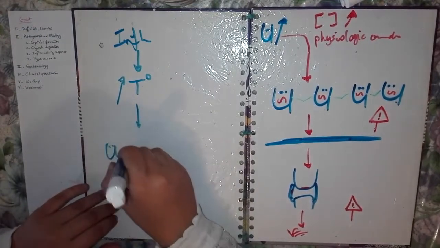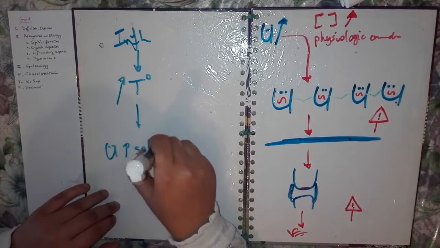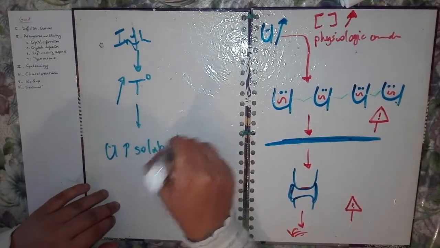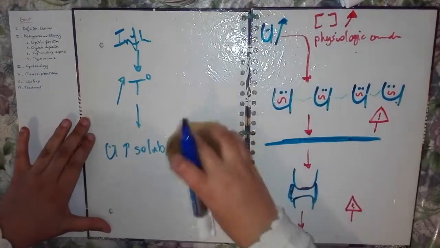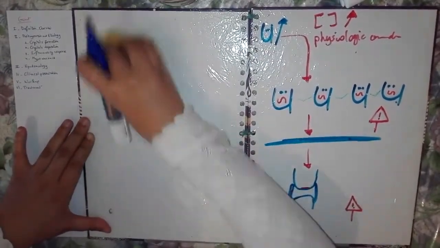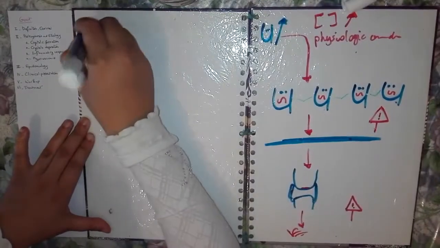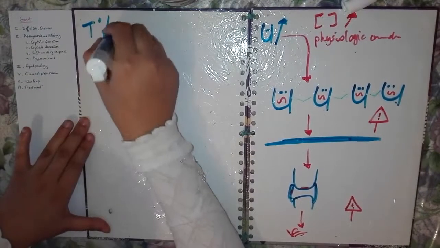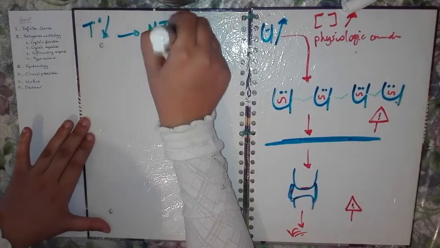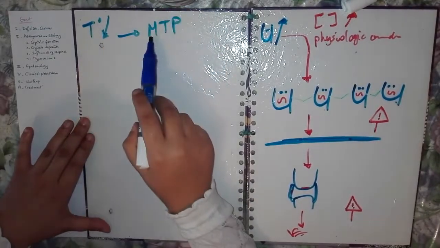Uric acid becomes more soluble, and the problem is resolved. So we have now discussed low temperature and MTP localization.